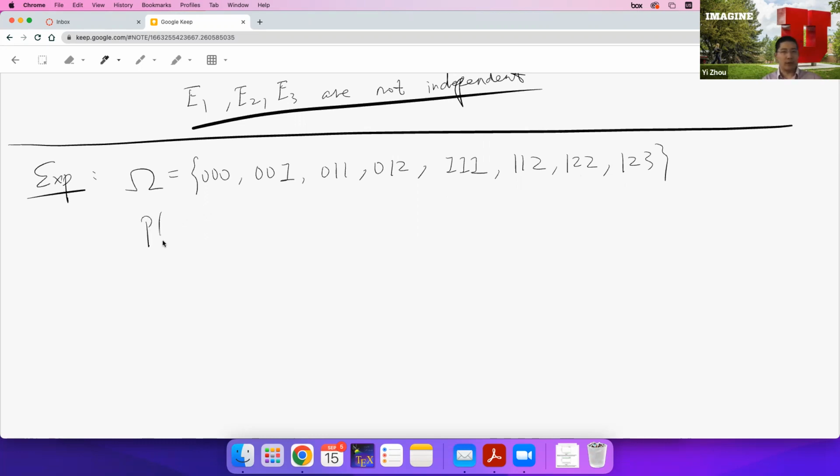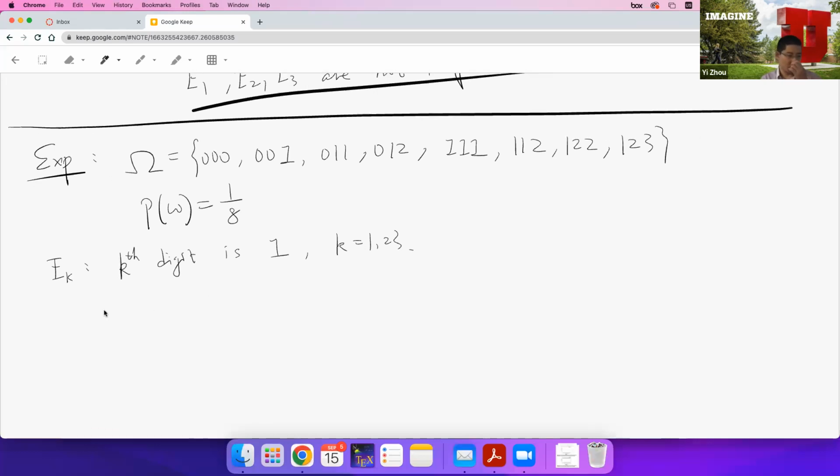Again, they happen equally likely, so each of them happens with probability 1/8. And we look at this event E_k, where the k-th digit is 1.